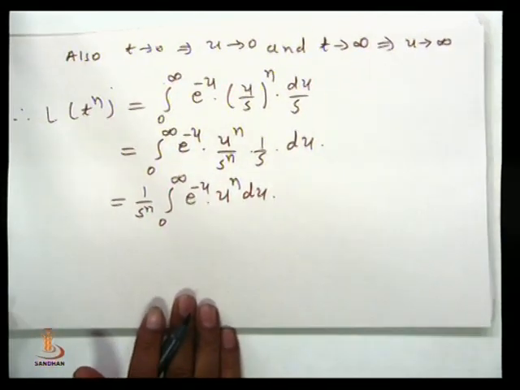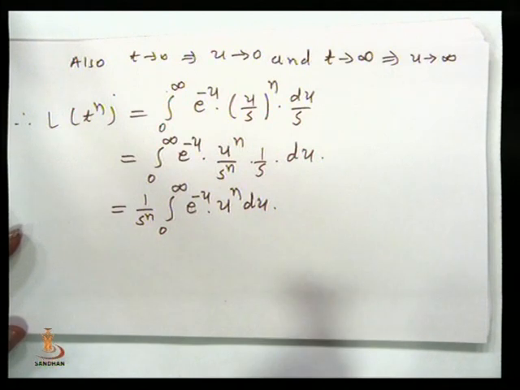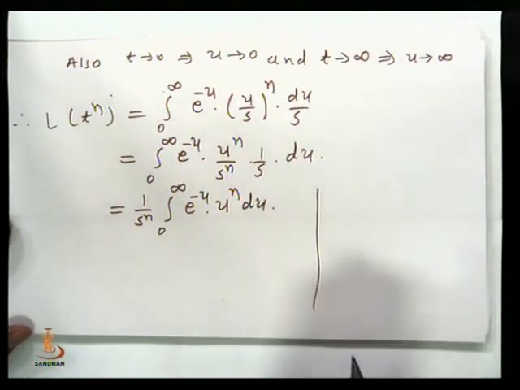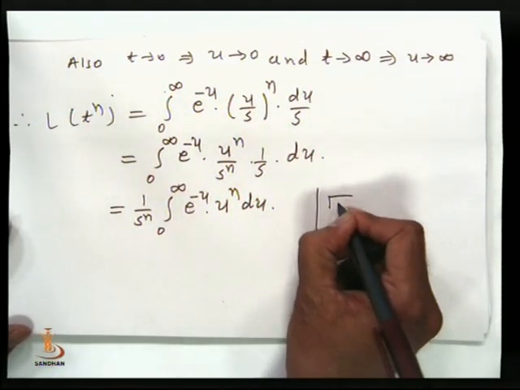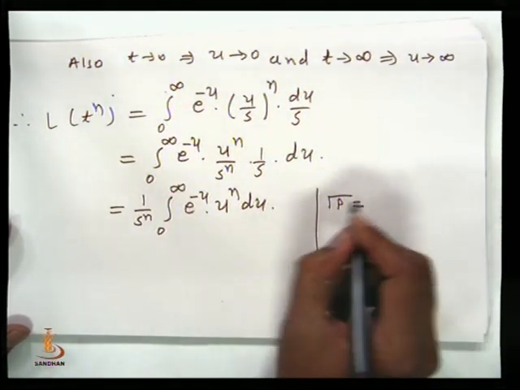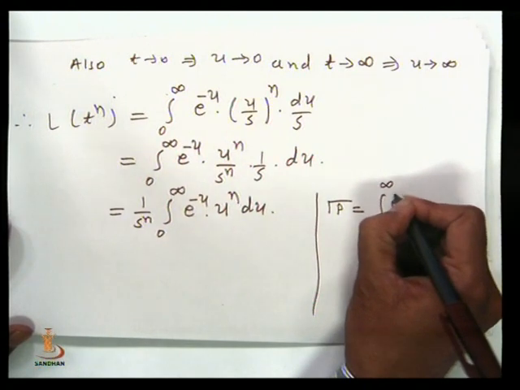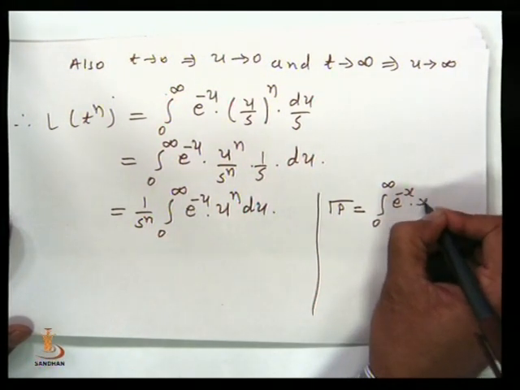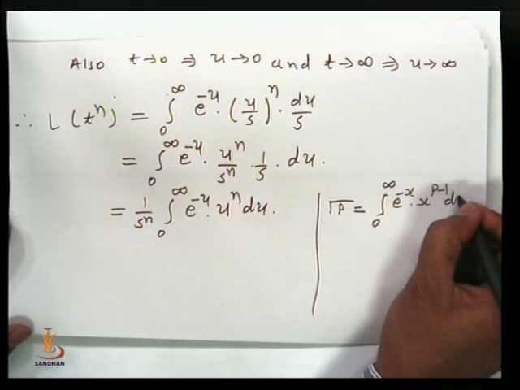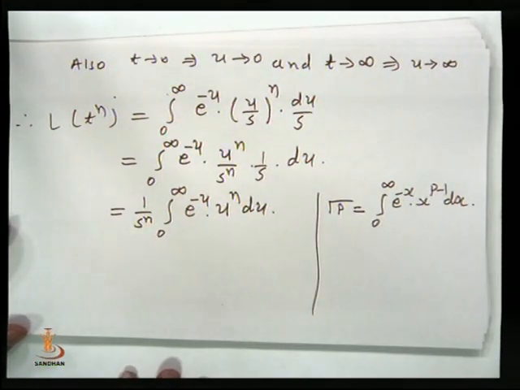So we have this integral, but we know the gamma function, gamma p equal to integral 0 to infinity e raised to minus x into x raised to p minus 1 dx. This is gamma p.